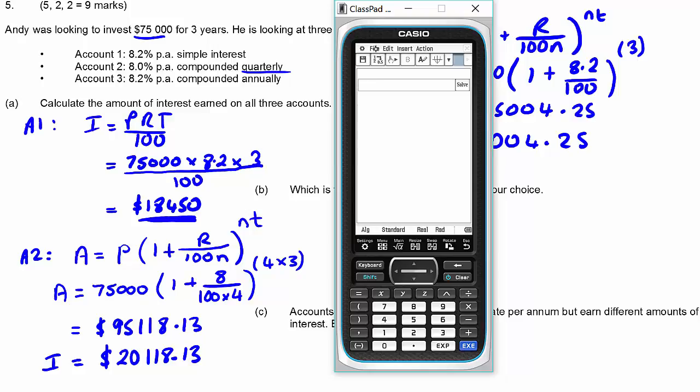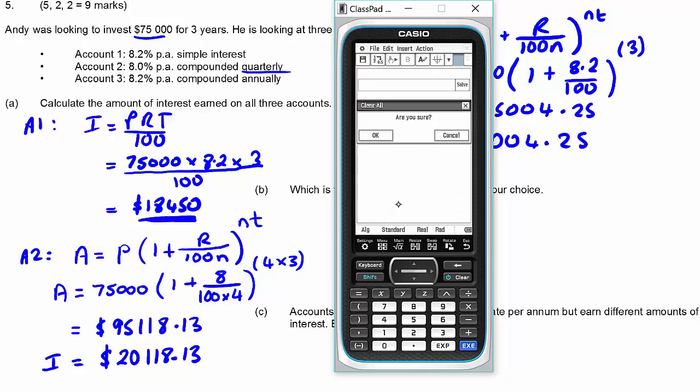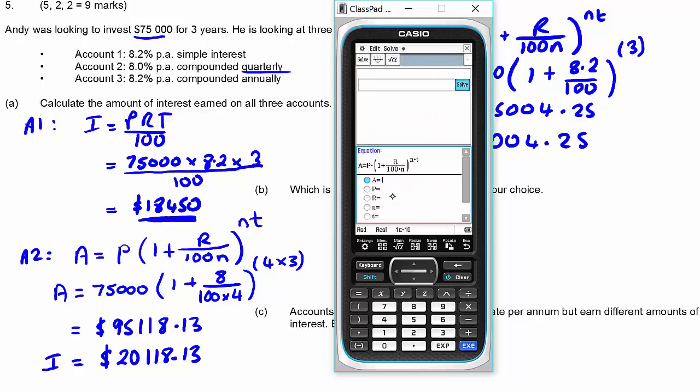And if we decide that we want to open the compound interest, do the same thing. And there's all the various things here that we need to put in. So the principal was 75,000. I'll just do this one here. The rate for this one was 8.